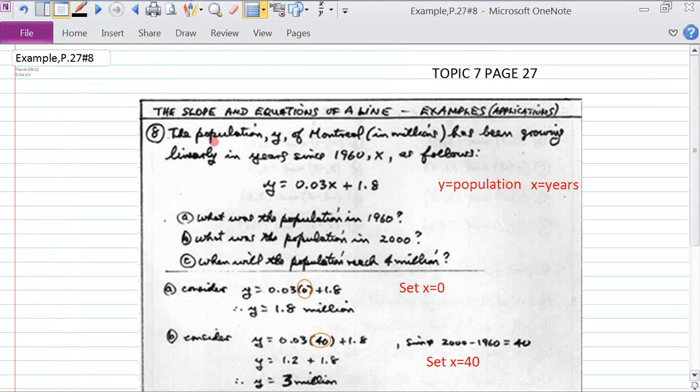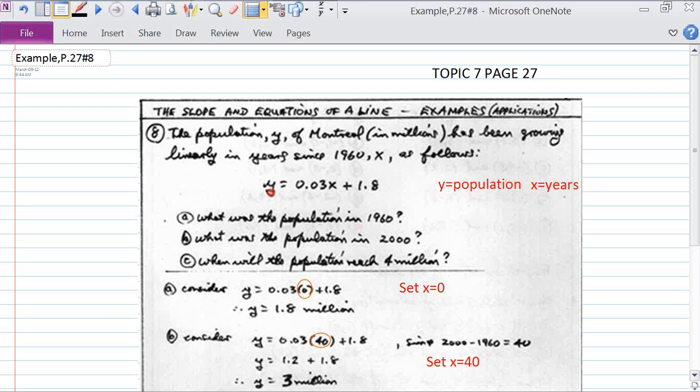So here, what are we told? The population Y of Montreal in millions has been growing linearly in years since 1960, X, as follows. So here we have the equation, and as we said, Y is the population and X is years.